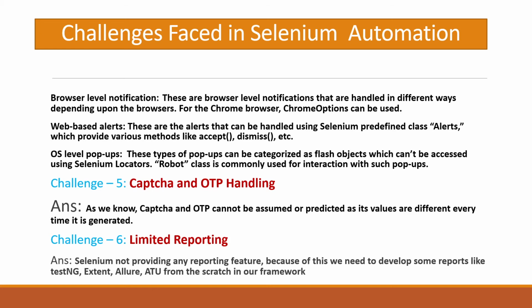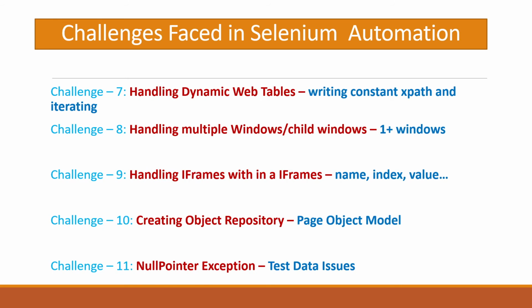So the next challenge here is handling dynamic web elements and dynamic web tables. For example, there is a test case where I enter a username and password for a single user. It gives all the details about that particular user. For example, Selenium Tech Automation is a user. When he logs in with his account, he gets one table with only 2 rows and 2 columns.